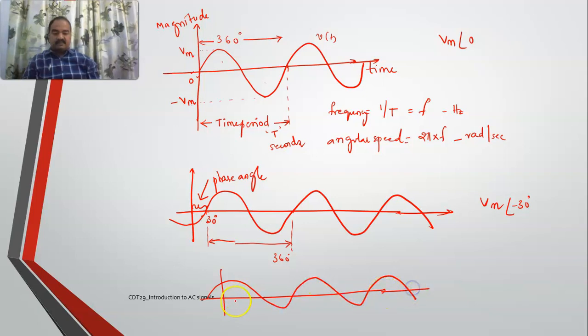In that case, see, this is called Vm at plus 30. Understood now? What do you mean by phase angle? Okay, so a phase angle is nothing but the duration by which you are away from your reference points.